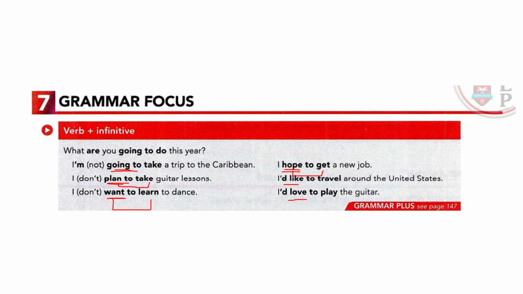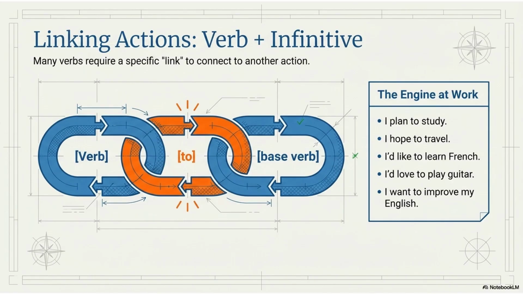So when you say I plan to take, you are articulating plan with take. Or want to learn, you are linking want with learn. So these verbs don't need going to. Remember, plan, want, and hope. Those are the verbs. Okay? So as you can see here, we have the linking actions with the to, right?